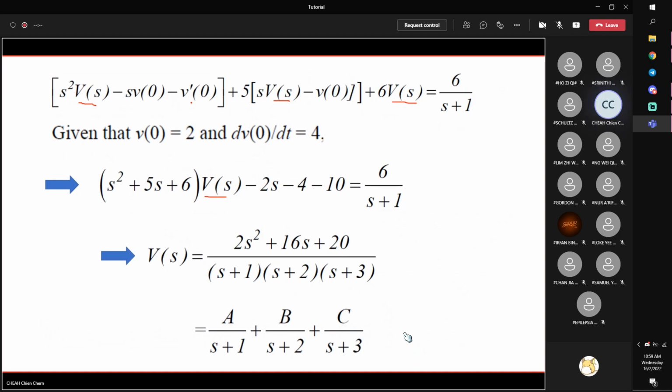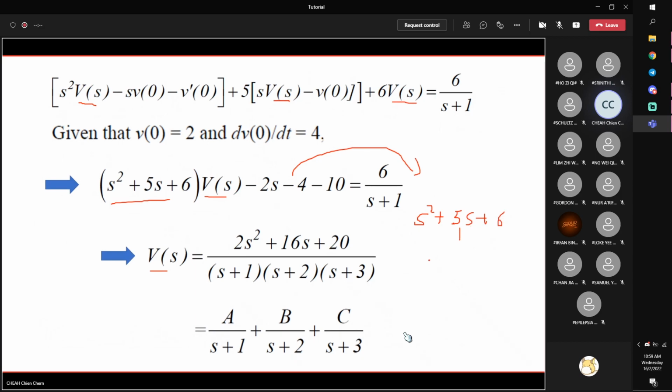Then you get (s squared plus 5s plus 6) times Vs. The remaining term, put it to the other side of the equation, without Vs. Then you can get the solution by dividing by this. And s squared plus 5s plus 6, fortunately, can be factorized into real terms.